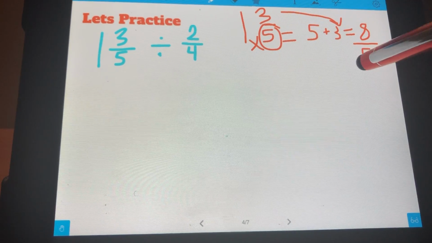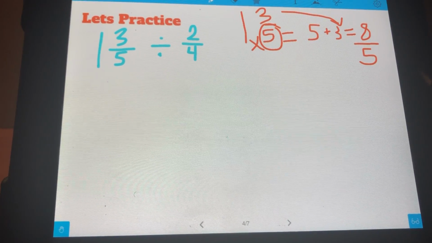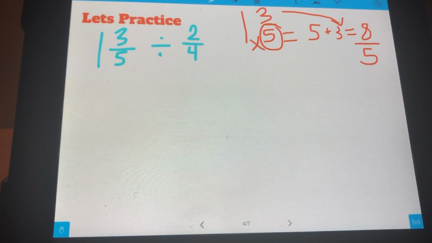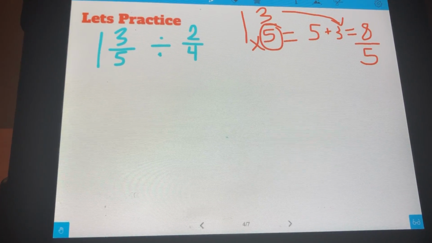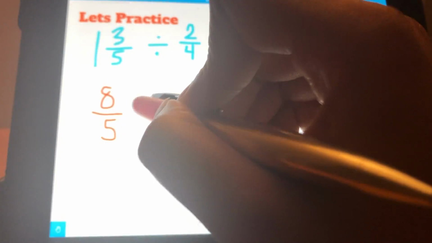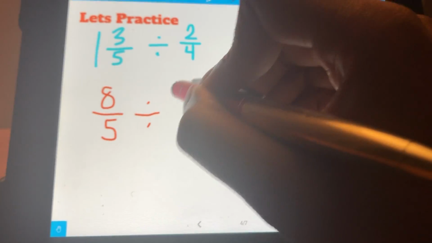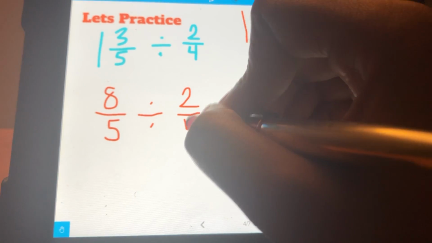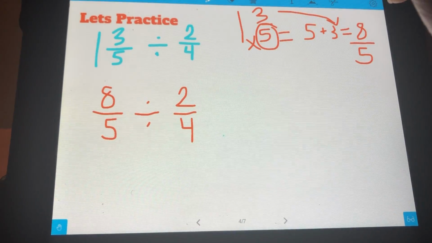So now we have 8/5. Whenever you get that, remember, you guys, rewrite the problem. It will help. I promise it will help. So we're going to rewrite this. Since we know this is 8/5, we're going to say 8/5 divided by 2/4.